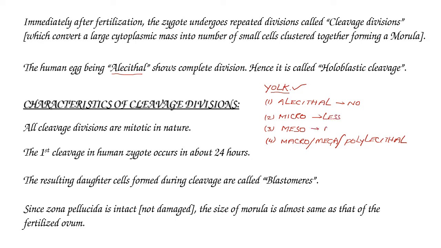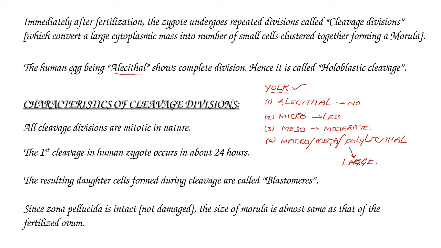Meso means moderate, not less and at the same time not more; it is moderate, more than less and less than more. And macro or mega or polylecithal means they consist of a large amount of yolk present in the egg.